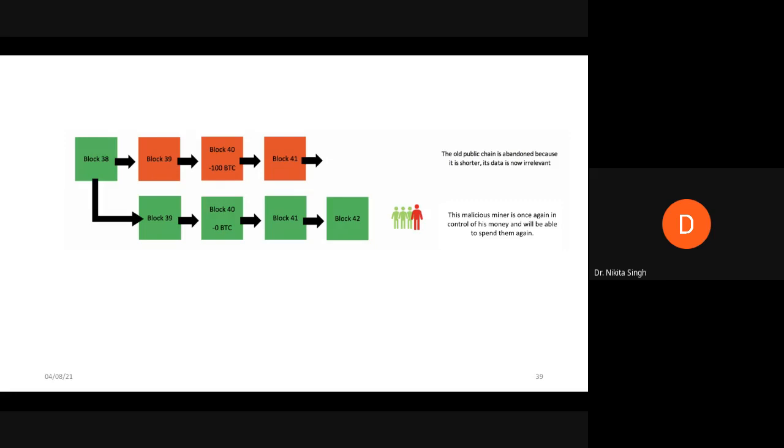And for solving those 3 lakh blocks, you will need a lot of computational power. So if you needed to replace about 100 blocks, that wouldn't have been a problem. But now if you need to replace about 3 lakh blocks, that is not an easy task. You will not be able to create a chain longer than the one that consists of 3 lakh blocks.